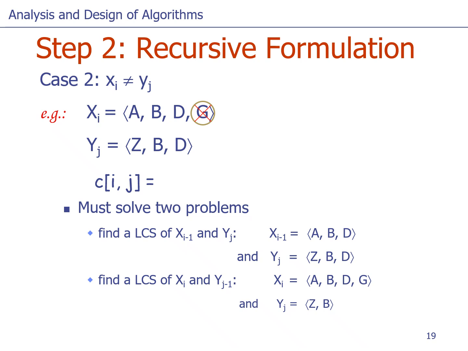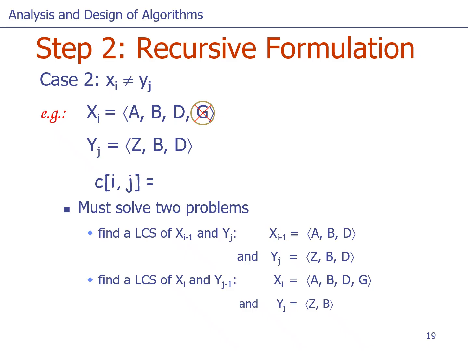So I have put here down at the bottom of the slide the two variations that are already solved, that I have seen before, which is ABD and ZBD without the G. Now, this I have already solved because I am moving through the sequences from left to right. The optimal solution that I should have found earlier is matching B with the B and D with the D, and consequently 2.